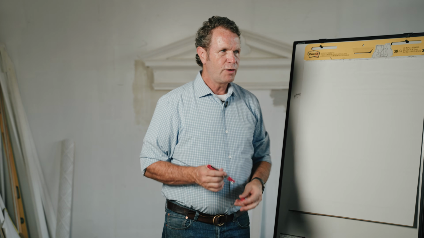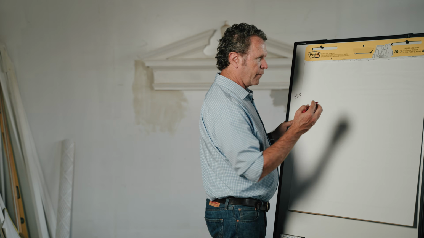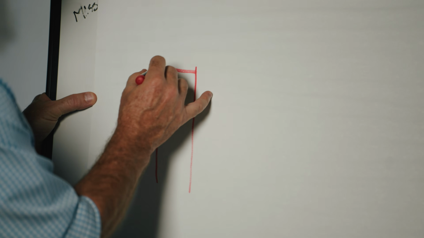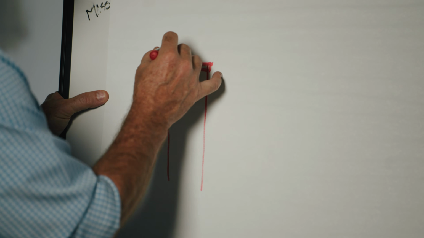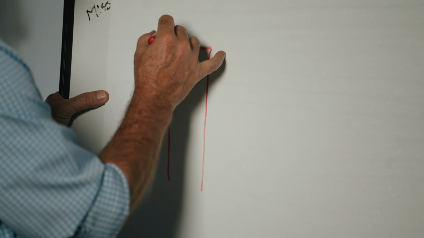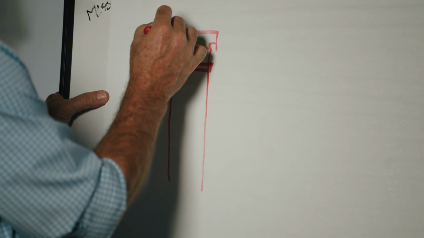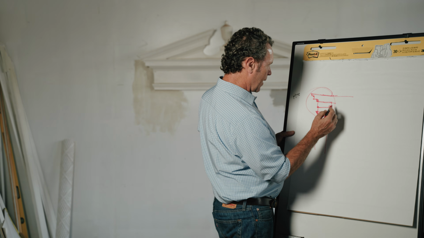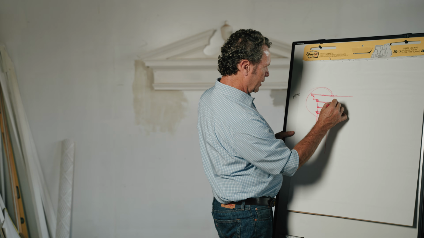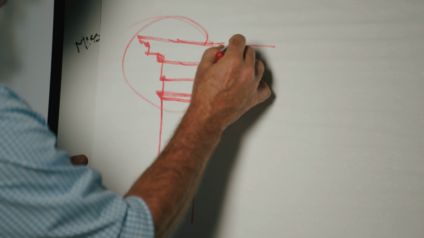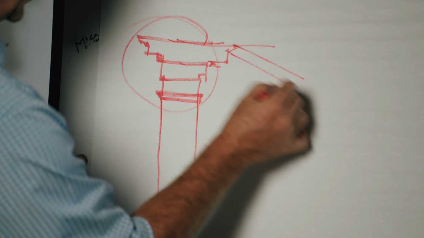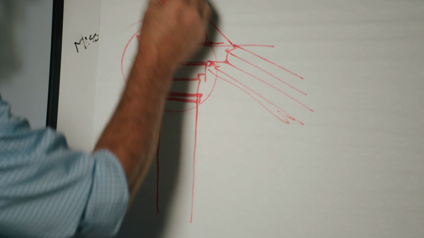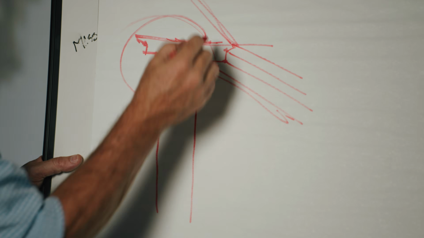And so if you look at a column detail, if I was going to draw up a column, if I had my pilaster, and then I had a capital, and then I had an architrave, and then I had a frieze, and then I had a cornice, bed mold, corona, cimation, okay, and then what happens is, let's just say this is our molding, there's our return, there it goes back. And now this runs down the building, right? That's running off this way. And there's your roof up here, and this is your gable end return.